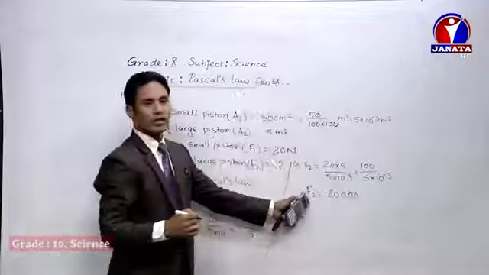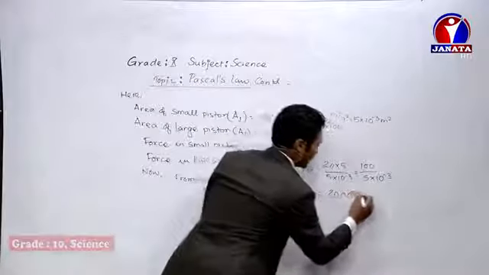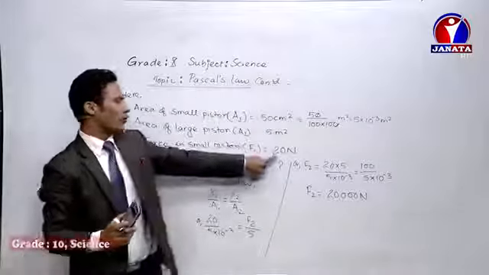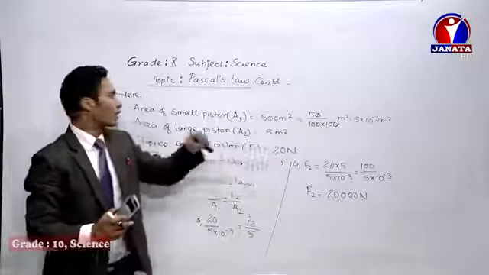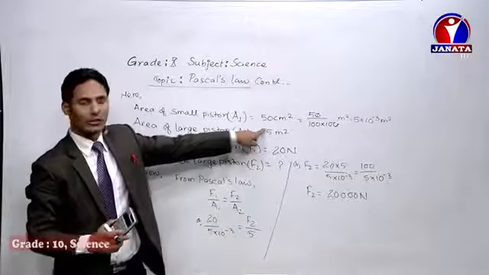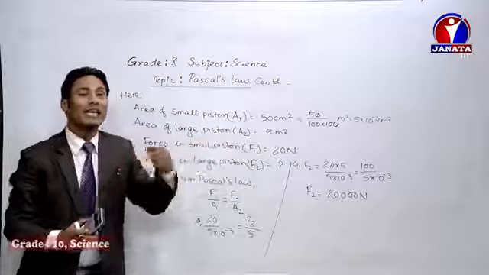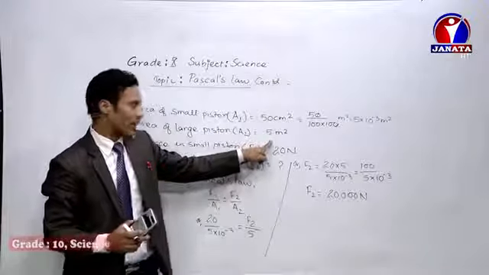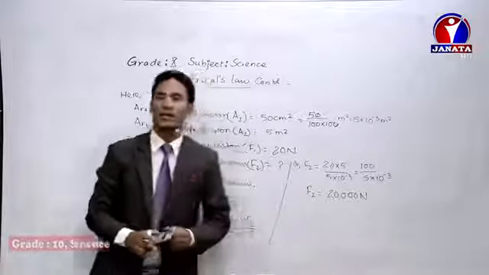It is a force, that's why the unit is Newton. That means when we apply 20 Newton force on the small piston having cross-sectional area 50 centimeters square, the force exerted on the large piston of cross-sectional area 5 meters square is 20,000 Newton.